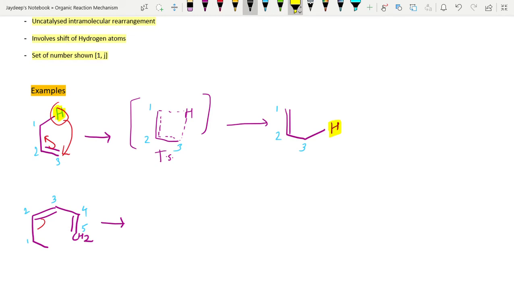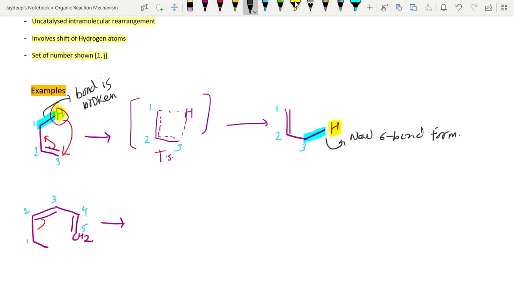You can see that this bond is broken and this new sigma bond is formed. So in a sigmatropic reaction, one bond is broken and a new sigma bond is formed. That is the identification mark.